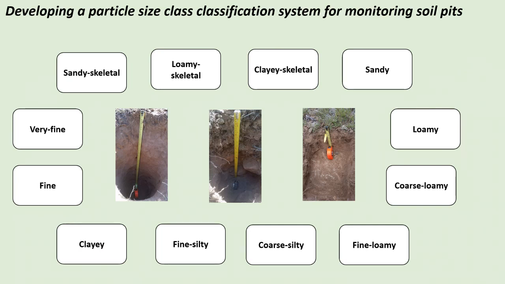Current keys for estimating particle size class published by the NRCS are not compatible with these shallower monitoring soil pits. So I am trying to come up with some new guidelines that might help group these soil pits in a new and meaningful way. And I'll try some of these analyses again with this new classification.